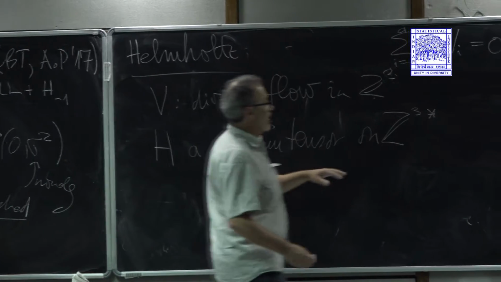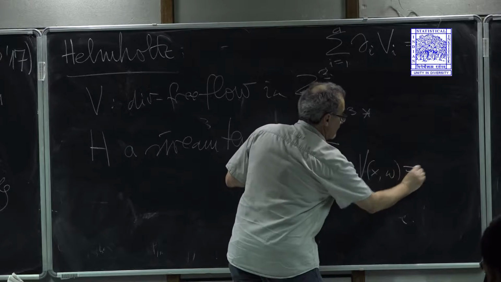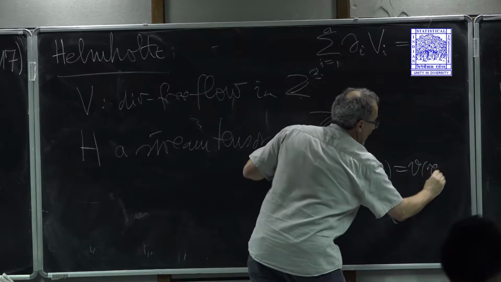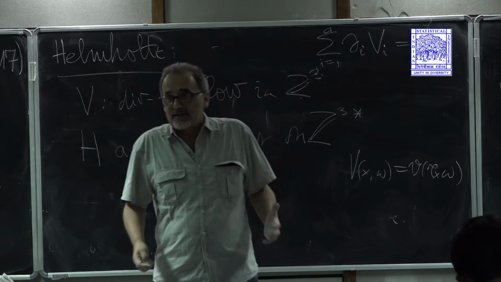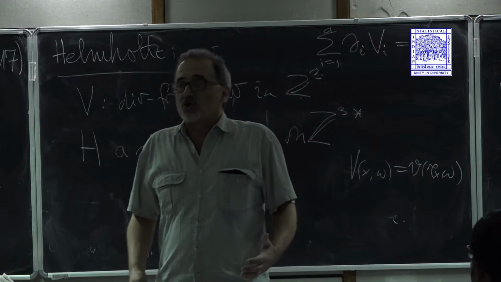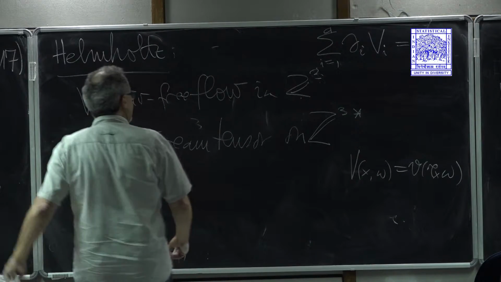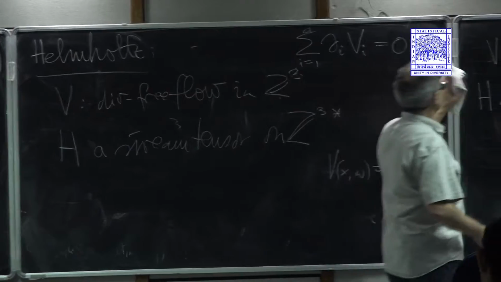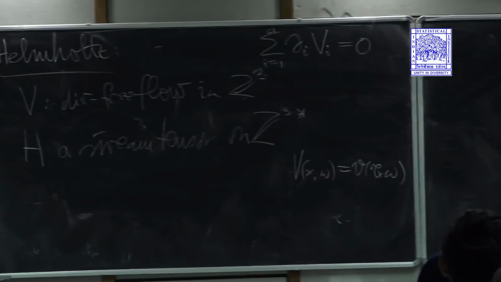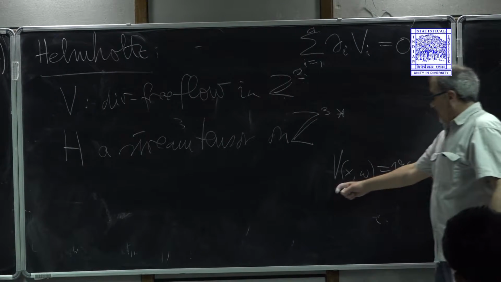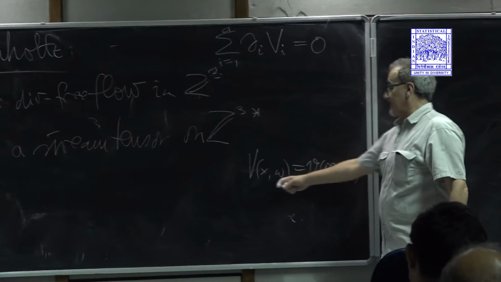If I define V_x(omega) to be just V(tau_x omega), the shifted one, that's exactly this type of object. So due to Helmholtz's theorem, I know the following. This V is stationary.